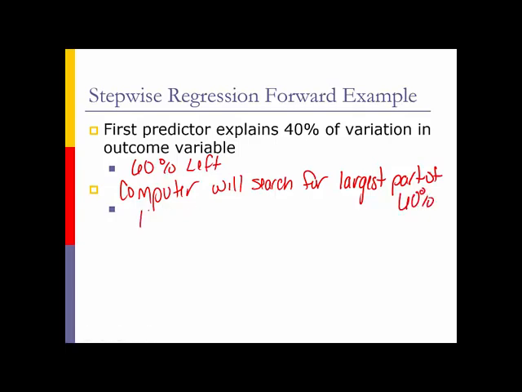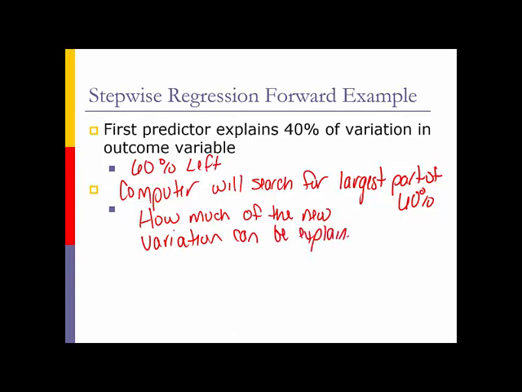And that's going to leave us with how much of the new variation can be explained. And obviously we would really like to do this until we get to 100%.